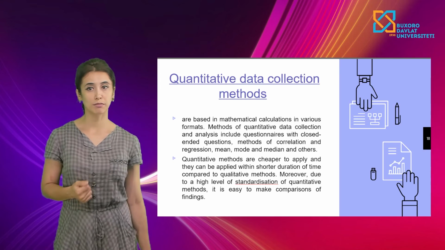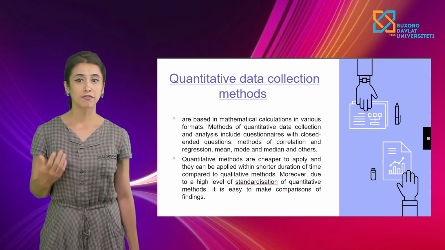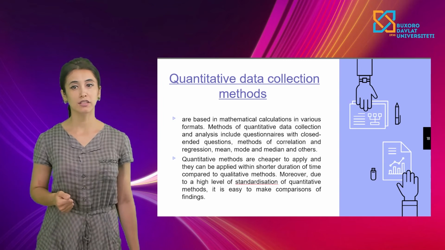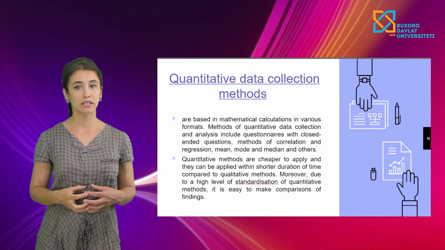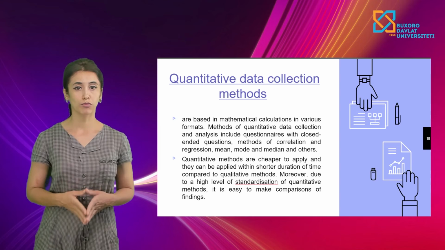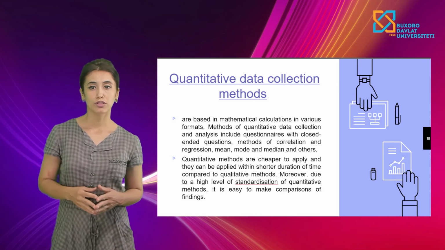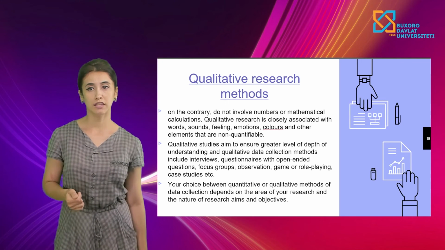Quantitative data collection methods are based on mathematical calculations in various formats. Methods of quantitative data collection and analysis include questionnaires with closed-ended questions, methods of correlation and regression, mean, mode, median, and others.